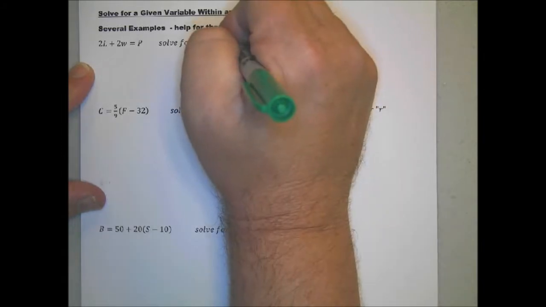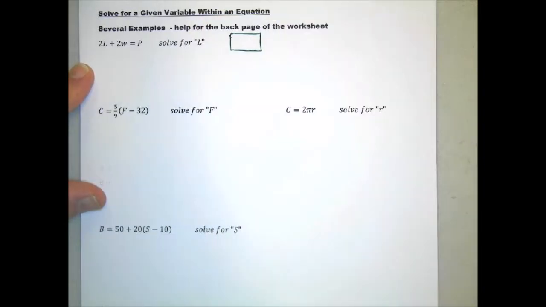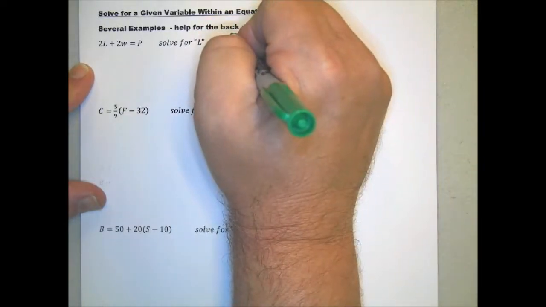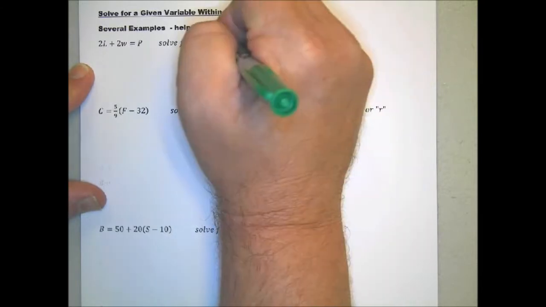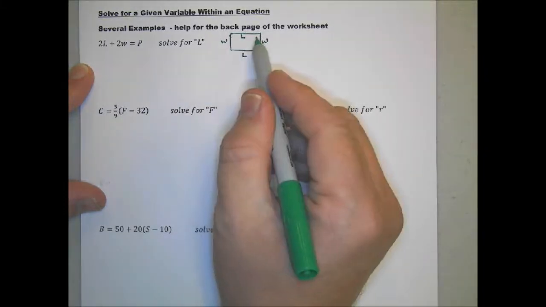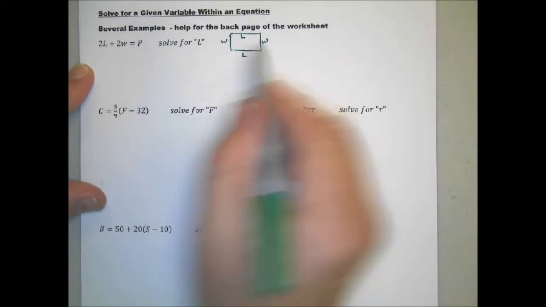It's all about a rectangle. A rectangle has a length down here and a length up there and a width over here and a width over here. And if you wanted to find the perimeter would be 2 L's plus 2 W's.